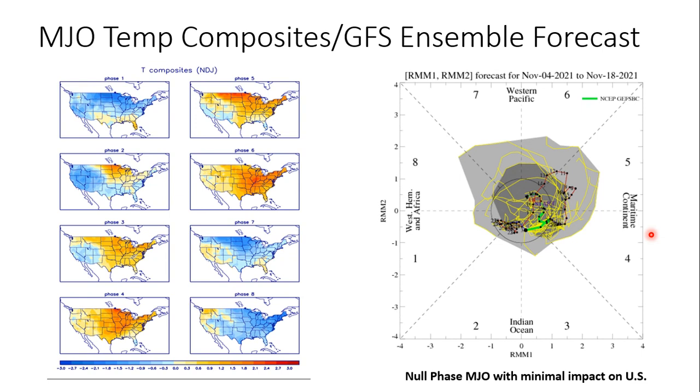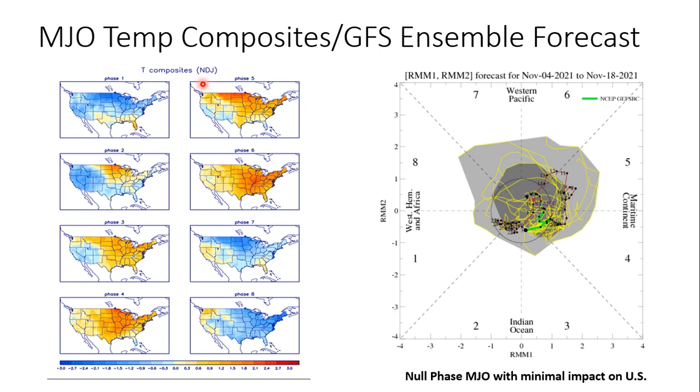Now, let's go into the MJO, the Madden-Julian Oscillation. On the left-hand side, I have the temperature composites for the months of November, December, and January, with the blue shading indicative of below normal temperatures, and the orange shadings generally indicating above normal temperatures.